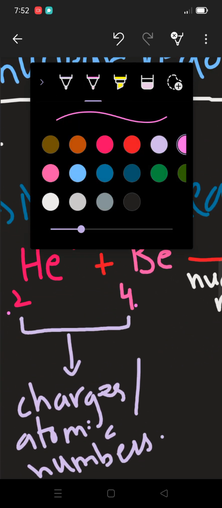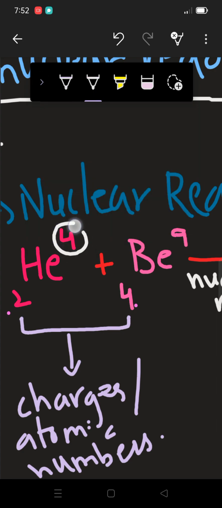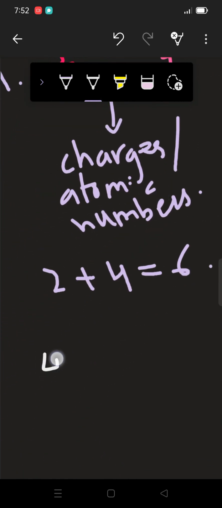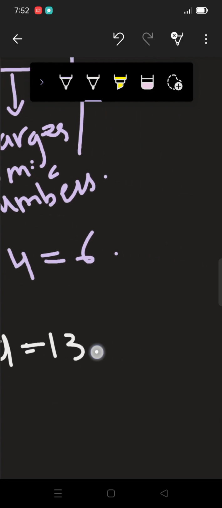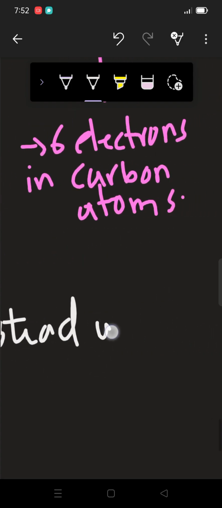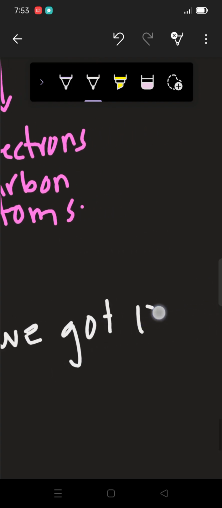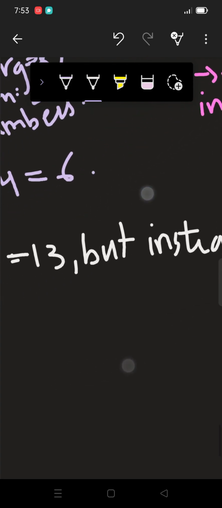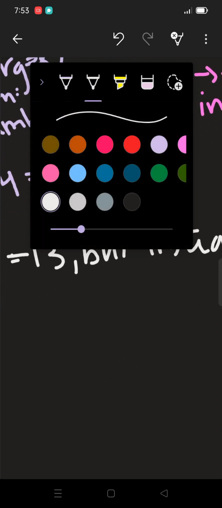Here I have 4 plus 9, I know that it is 13. We know that 4 plus 9 is 13. But instead we got 12. We got 12 because one particle wasn't absorbed, right?